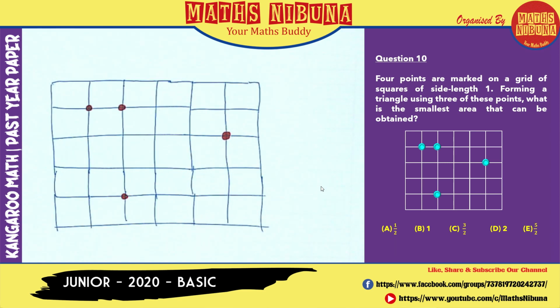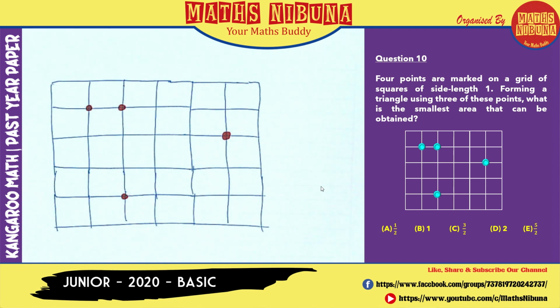Okay, question 10. 4 points are marked on a grid of square side length 1. I already sketched it, sorry, my drawing is not that nice. Now they ask if we form a triangle using 3 of these points. How many triangles can we make from these 4 points?